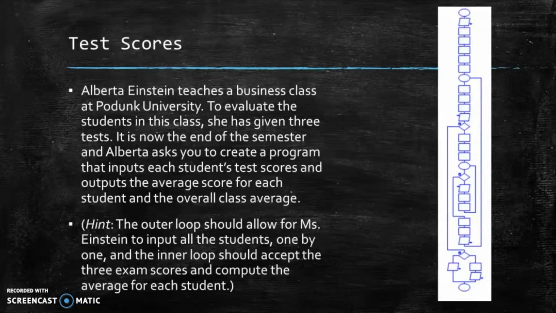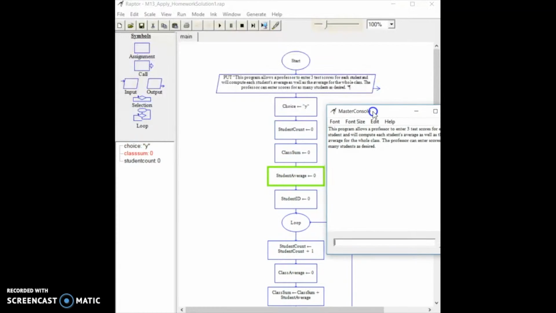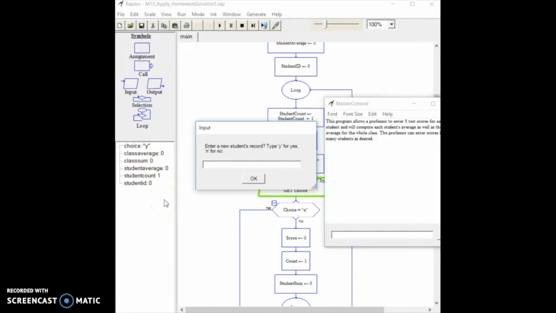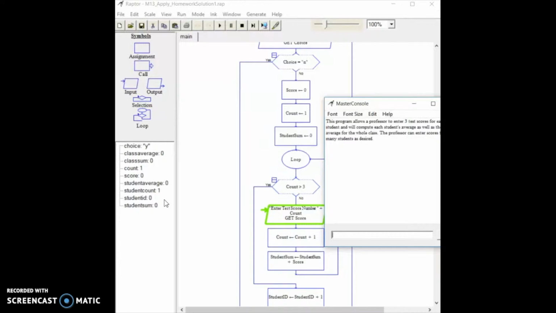So let's take a look and see how this runs in Raptor. All right, so I'm going to go ahead and hit play. I always watch either the master console or this panel right here. As we're watching, we're going to say yes because we want to enter a new student record. Now I'm going to start to put in my student scores.